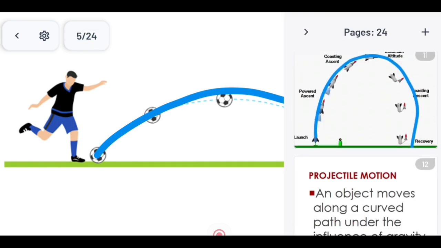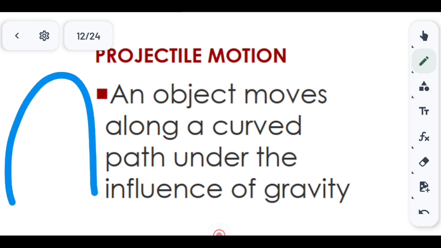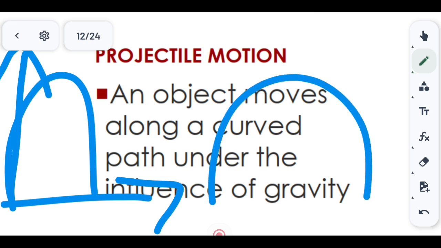So, again, we are covering projectile motion, and we define this as an object, here, wait, let me use the pointer, an object that moves along a curved path under the influence of gravity. So whether you throw or kick an object upward or downward, it will create a parabolic path, where the x component, the horizontal, and the y component, the vertical, are simulated in this curved path.